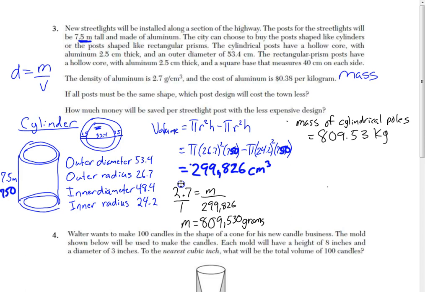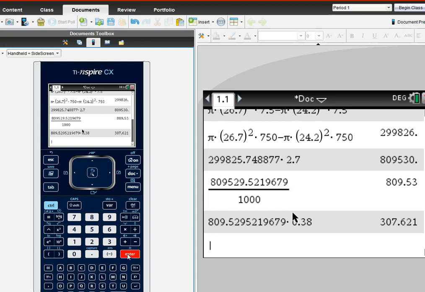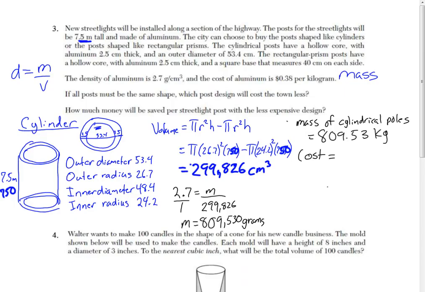So the cost will be that number times 0.38 because it costs 38 cents a kilogram. So times 0.38 is $307.62. So this cost would be $307.62.